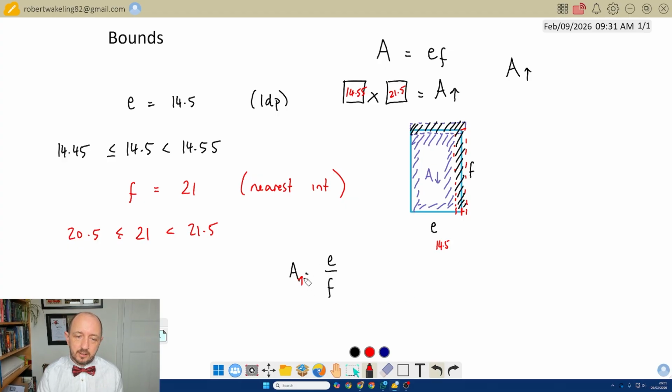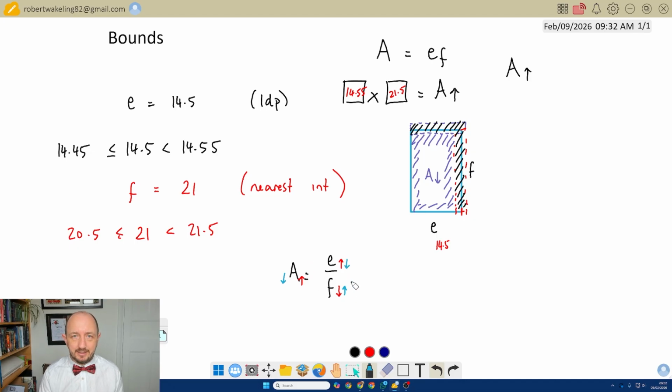If I want the largest possible area, or A, just A, then I would take the largest E and divide by the smallest F. So these two match, and this one on the bottom is the opposite. If I wanted to have the lowest possible A, I would take the smallest E and divide it by the largest F.